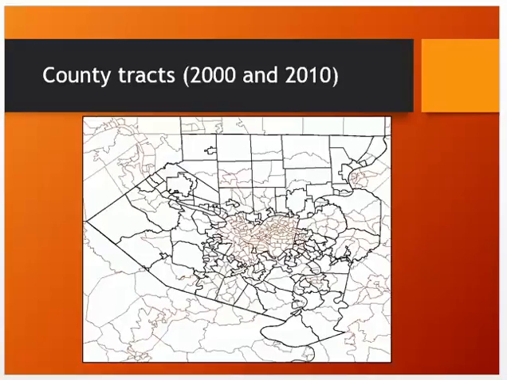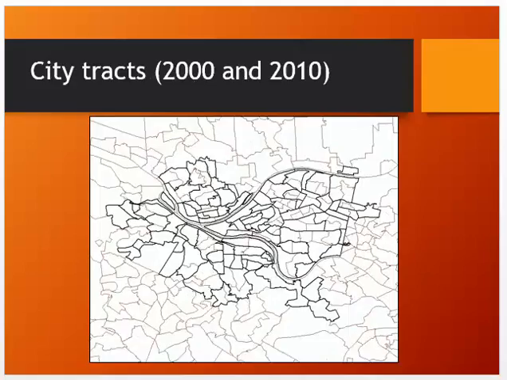You can see where they were split for the 2010 census. The dark lines preserve the outer boundary, and the lighter lines show where the inner boundaries are for the 2010 census. Again, you can see the same thing for the city of Pittsburgh with those tracts and where they were split.